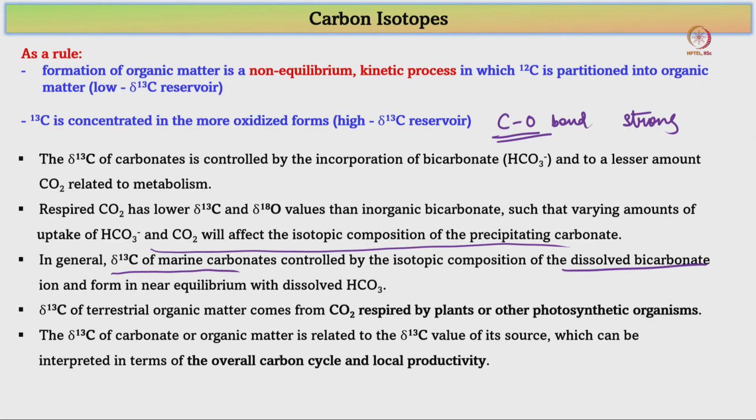So, therefore, to see how the carbon has changed in the past, we can just use the delta 13C value of the soil to understand what kind of productivity it was having at that particular age. So, such studies are very useful. Okay.